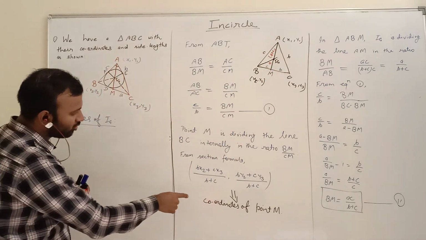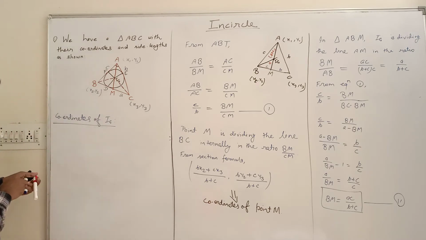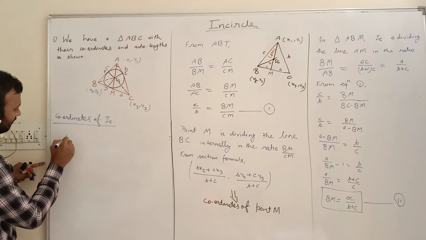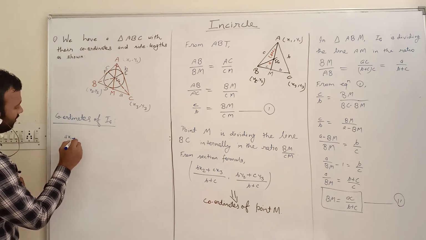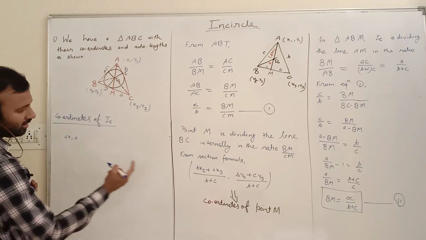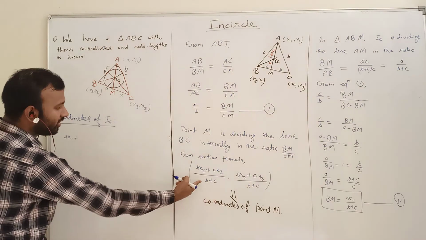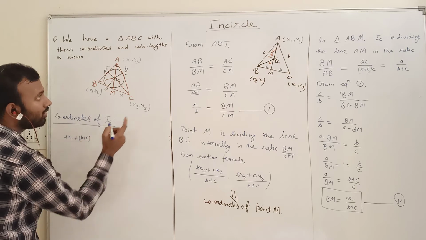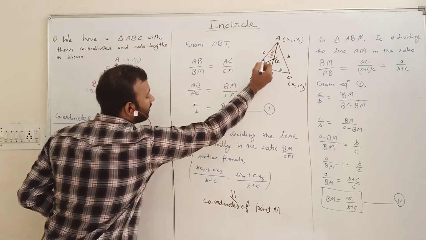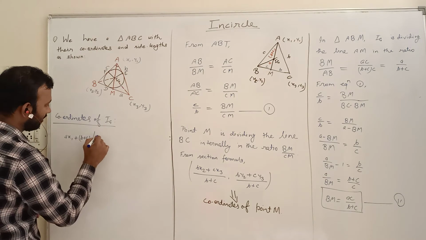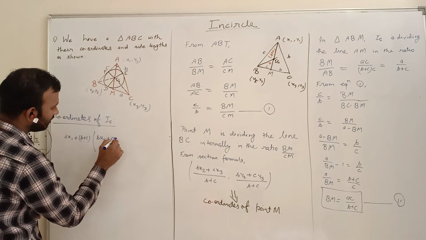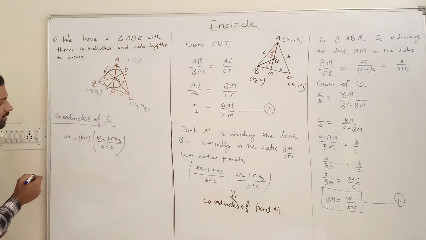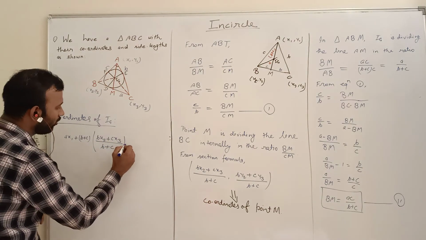The coordinates of M are here. So a into x1 plus B plus C times the x coordinate of point M, which is bx2 plus cx3 upon B plus C, upon a plus B plus C. This is the x coordinate. What is the y coordinate?